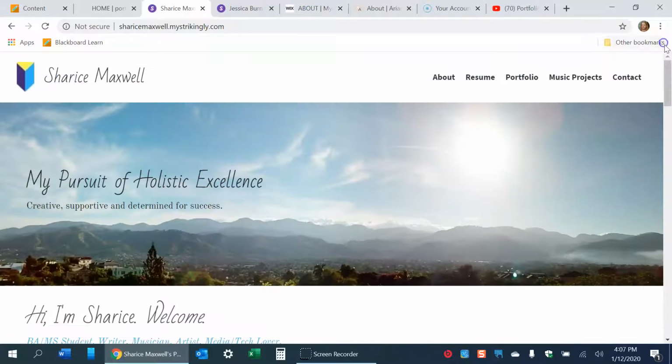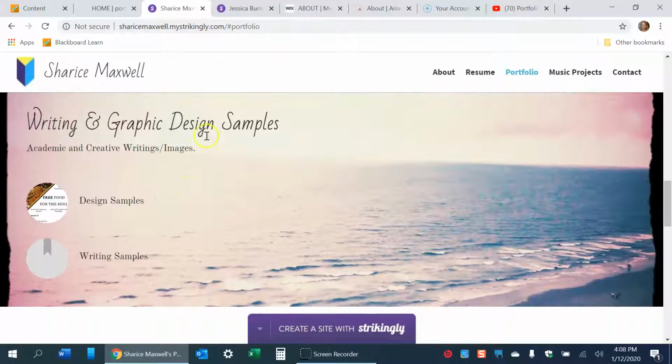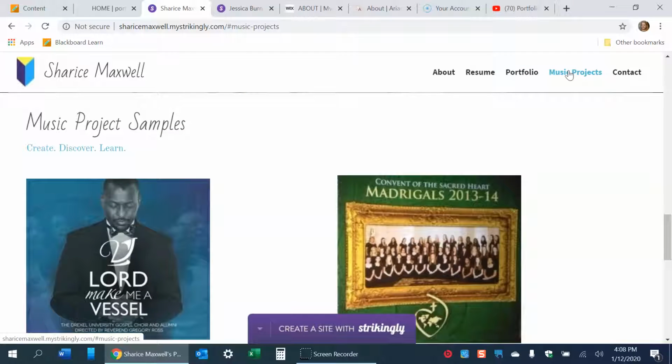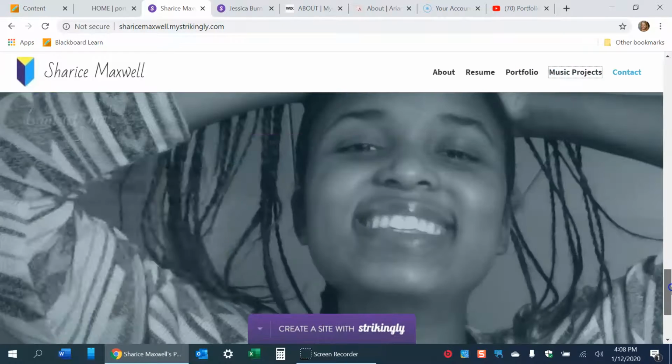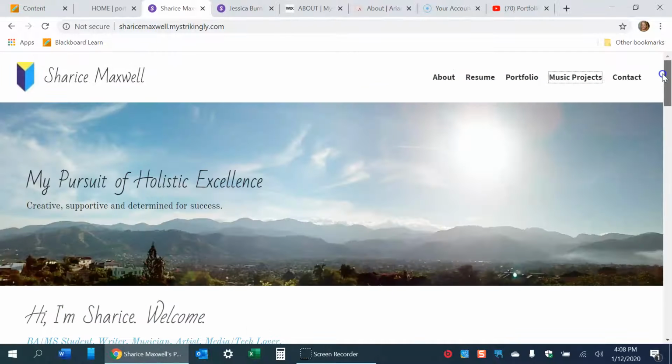So a Strikingly is going to be a little different in that everything is really on the same page, the splash page where you scroll. So these aren't separate pages, they just take you to separate areas of the portfolio. But you can still attach things. You'll see how she did some of her work samples.